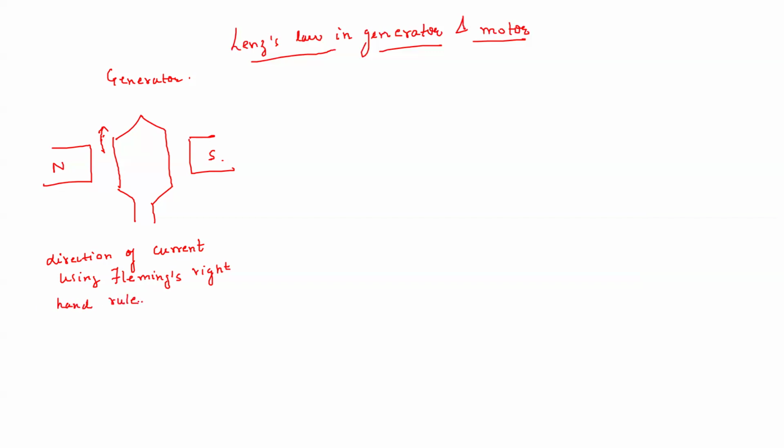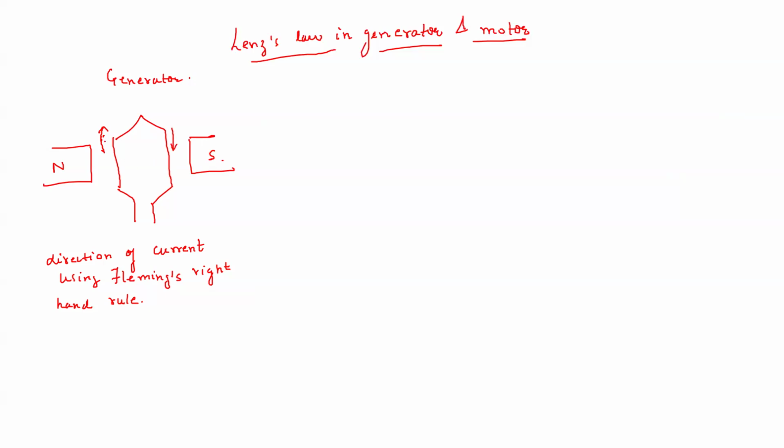So here you will use your right hand rule. For this coil, what is happening is that this coil is rotating about its horizontal axis. Suppose this side is going up and this side is going down.